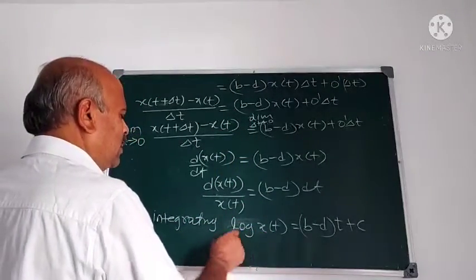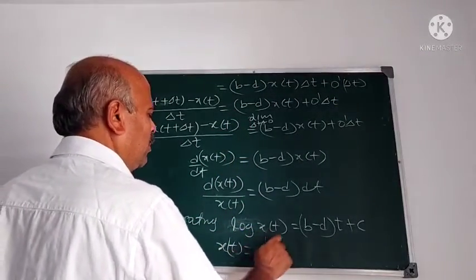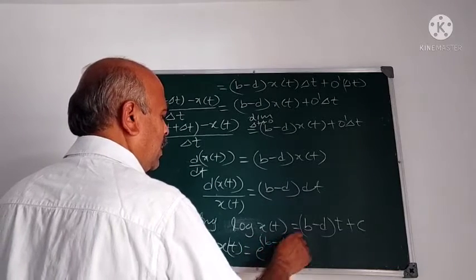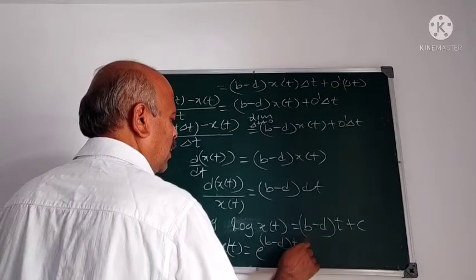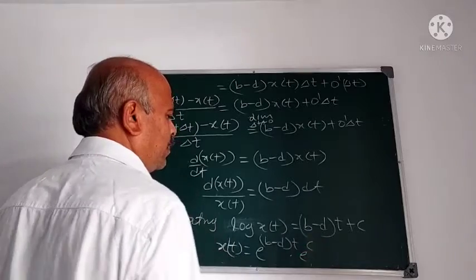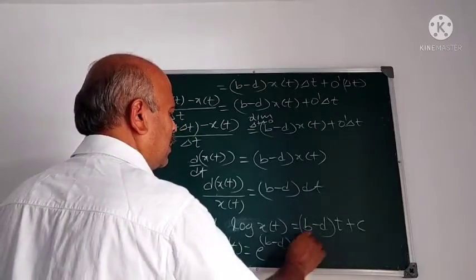Therefore x of t is e raised to (b minus d) into t, into e raised to c, or plus c. Better write one more step.